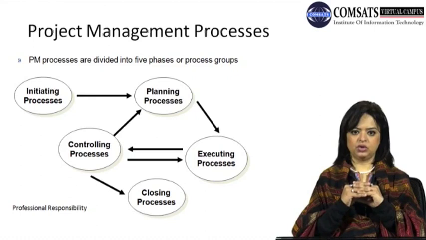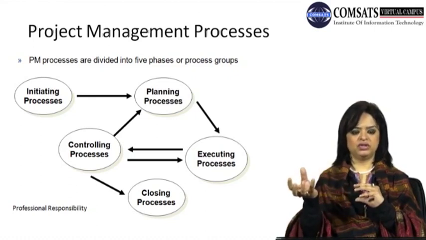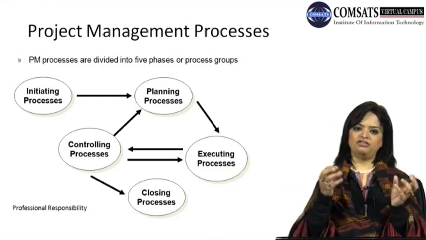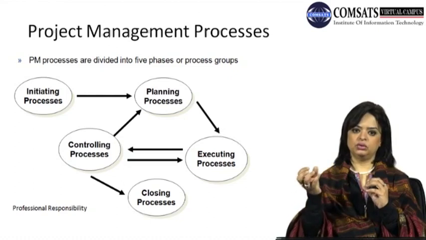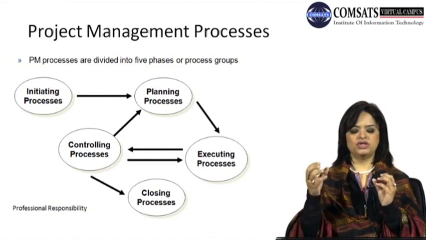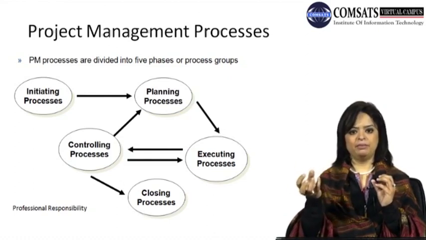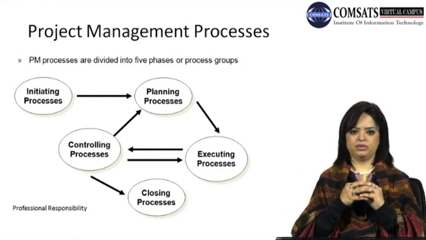Execution and monitoring and control go hand in hand. While the execution of the tasks is going on, you have to monitor and control, making sure that the planned versus the actual happenings are in sync.